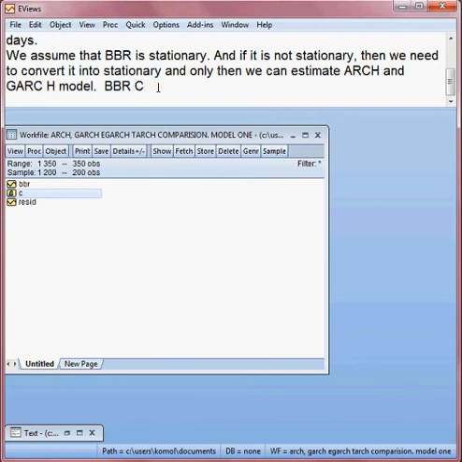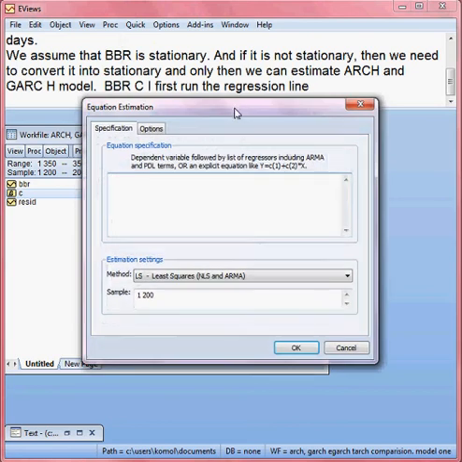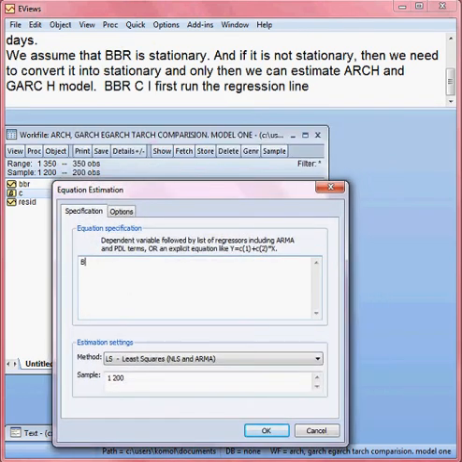So I first run the regression. I go to quick estimate equation. First I put BBR, then the constant C. So that is my model, where BBR is the dependent variable and C is the constant.